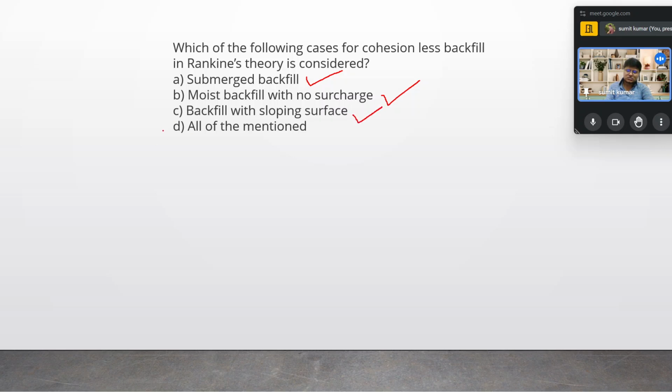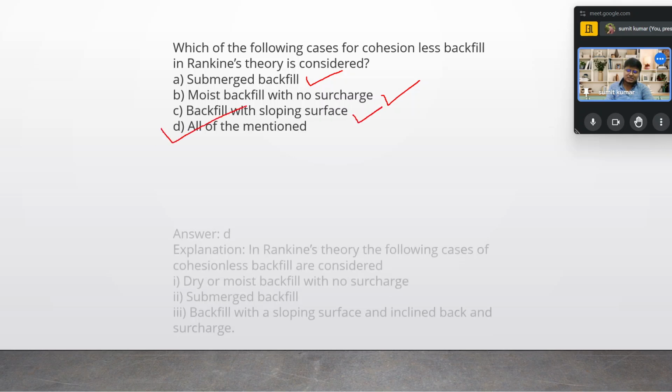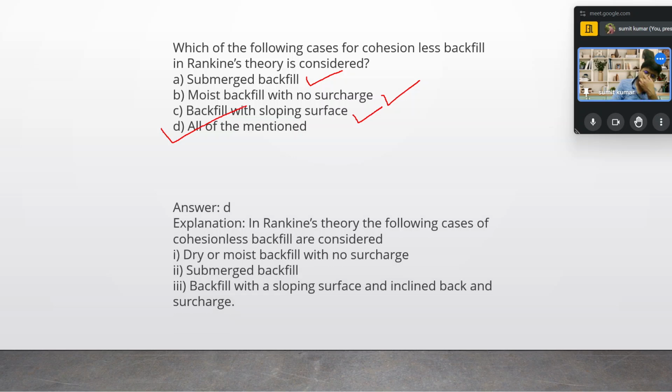So the correct answer is option D, all of the above. The explanation is also here: in Rankine theory, the cohesionless backfill cases considered are dry or moist backfill with no surcharge, submerged backfill, and backfill with a sloping surface and inclined surcharge.